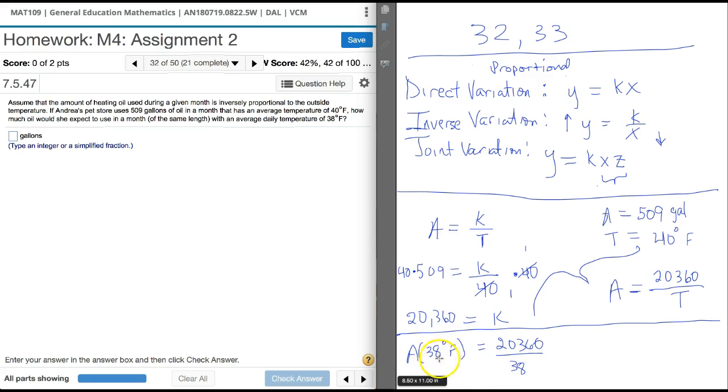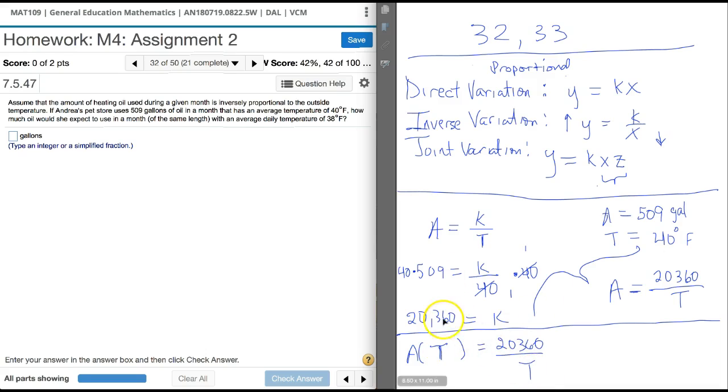And all I've done here is I've placed the number 38 here, but what this would really be, if we were just writing this in general, is we have some function A of T, and here this would be 20,360 divided by T. And all I'm doing here is just replacing T with 38.